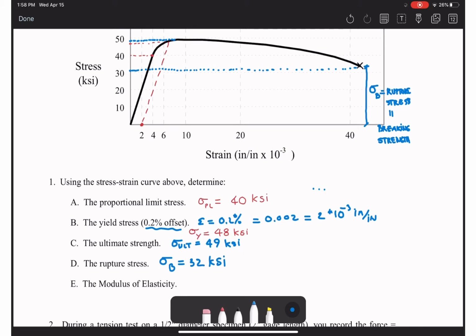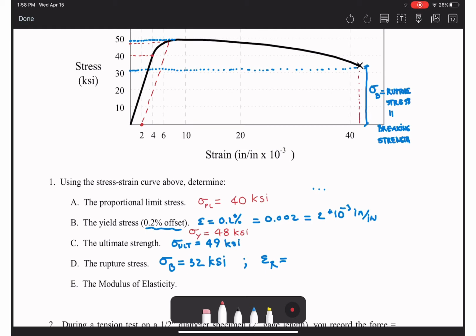And if you want to see the rupture strain, so it's epsilon r, it will be somewhere going down here.